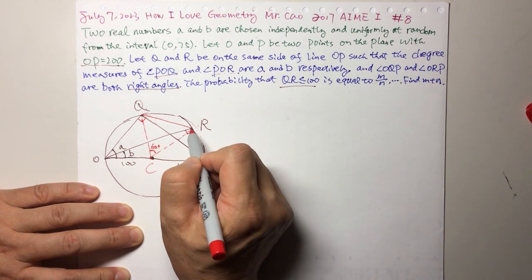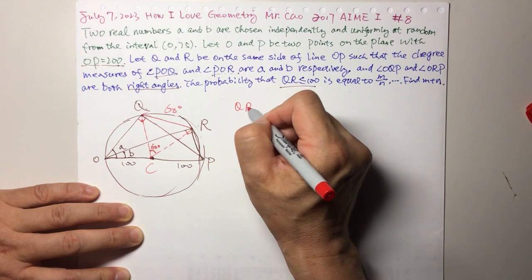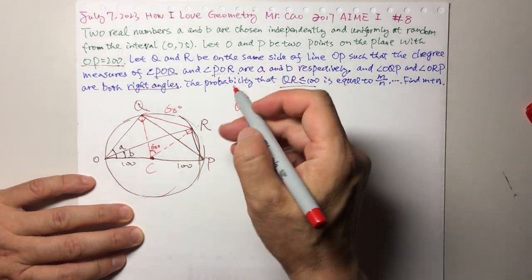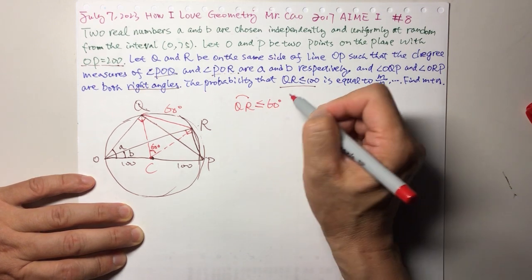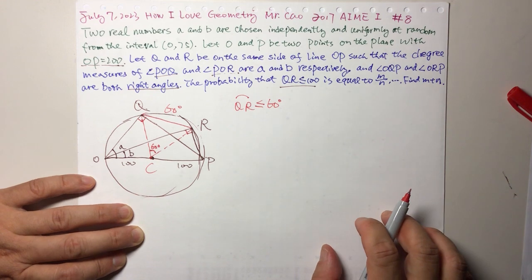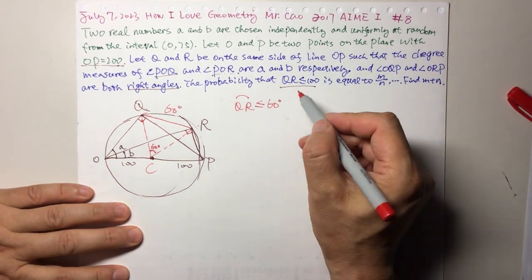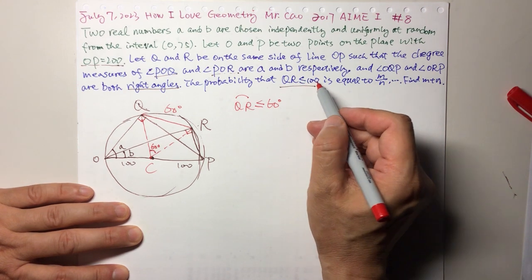And the arc also will be 60 degrees, I mean the minor arc QR, right? If it's less than or equal to 60 degrees, it will satisfy QR less than or equal to 100, right?